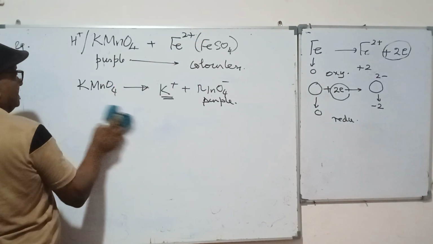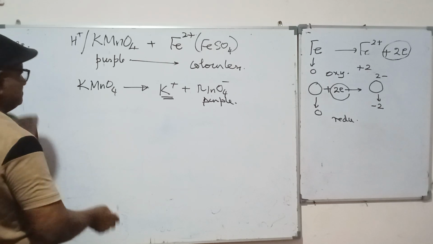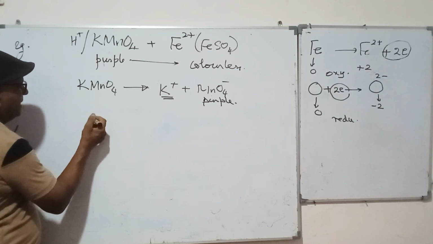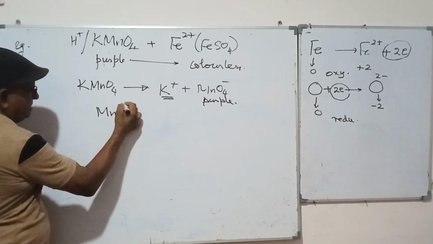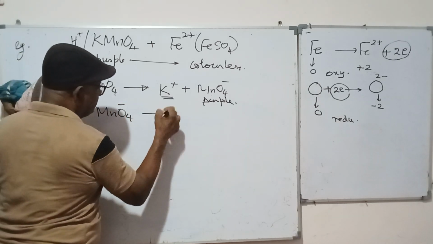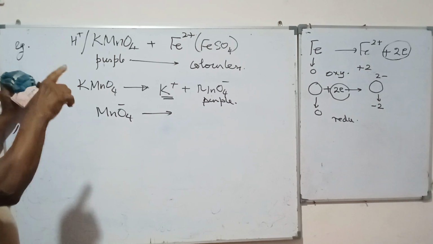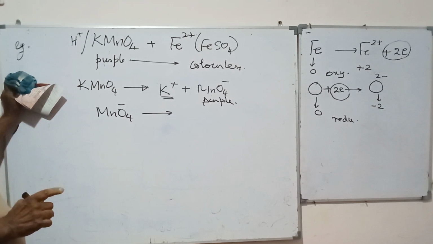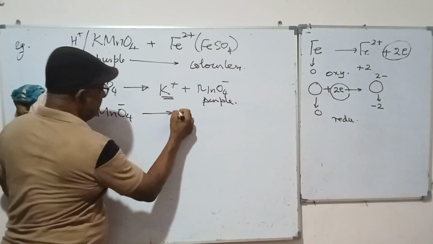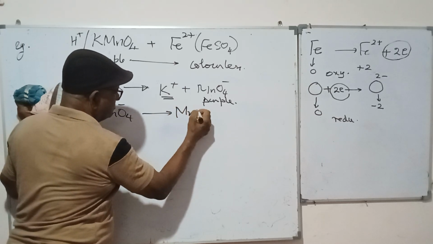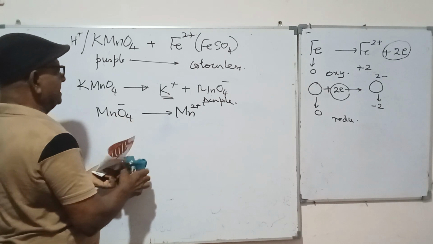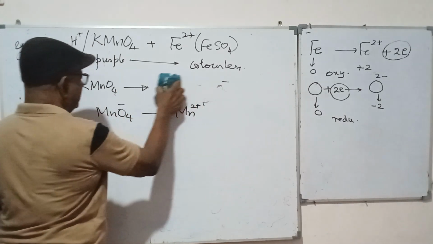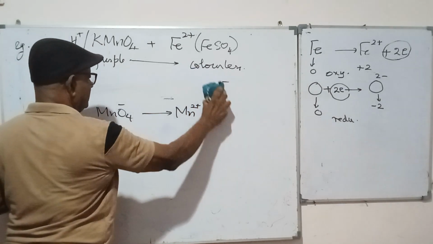Right? So, MnO4 minus becomes, the purple color becomes colorless. Colorless is Mn2 plus. Right?